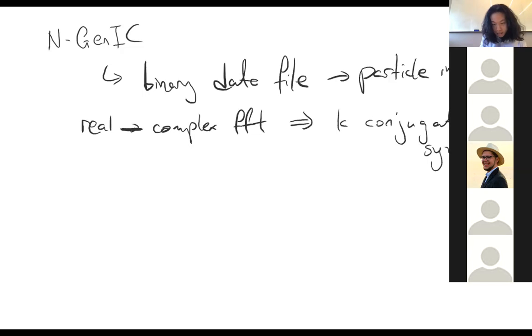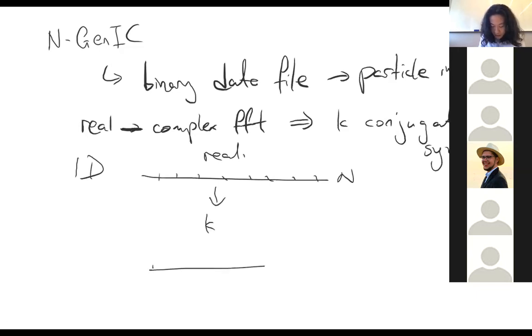So what that essentially means is, in the crude 1D example, if you have a set in real space that has n data points, once you Fourier transform into K space, you technically have n complex numbers, whereas in real space you had n real numbers.